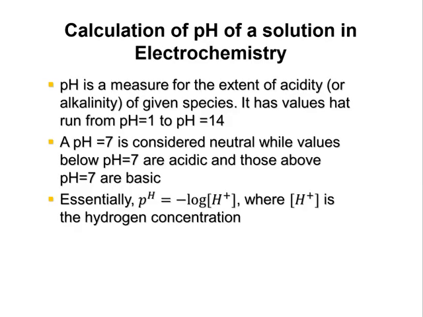Okay, the cell potential can also be used to determine the pH. Just a quick review of what pH is. In logarithm, pH is basically minus log of the hydrogen concentration. So in short, pH just tells you about the amount of hydrogen concentration in the solution.